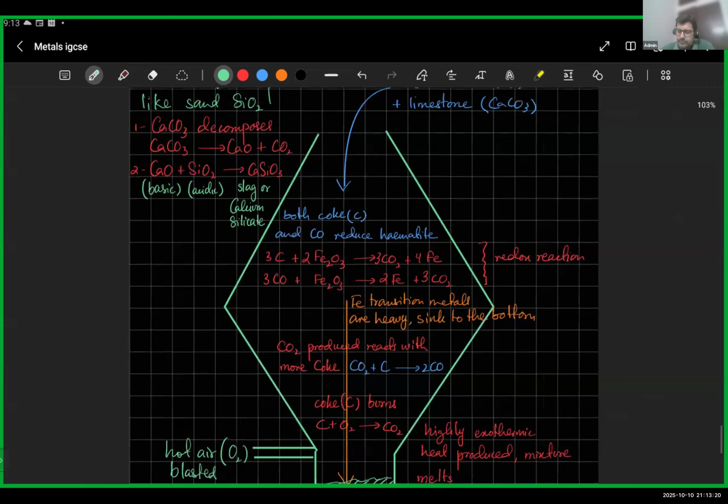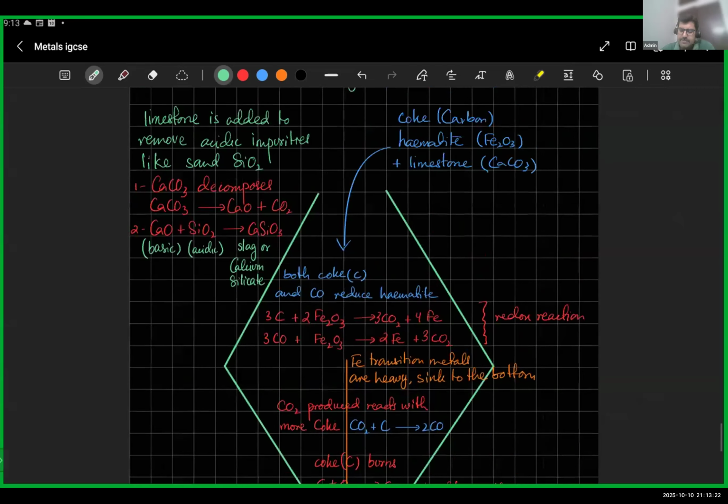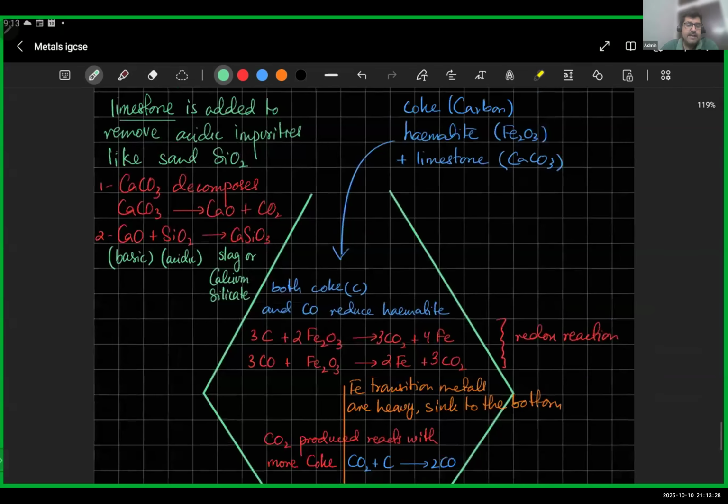Okay, so the purpose of limestone is that it is added to remove acidic impurities like sand, and there could be other acidic impurities as well, which are phosphorus oxides.